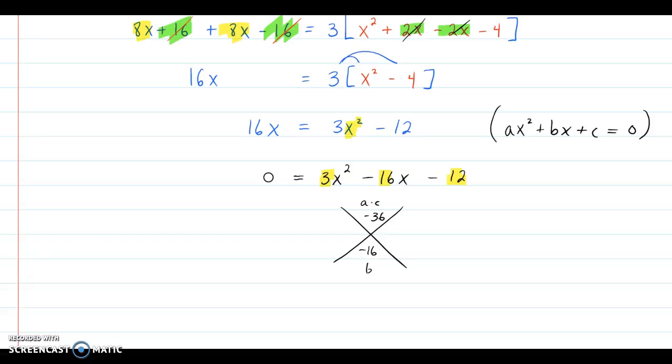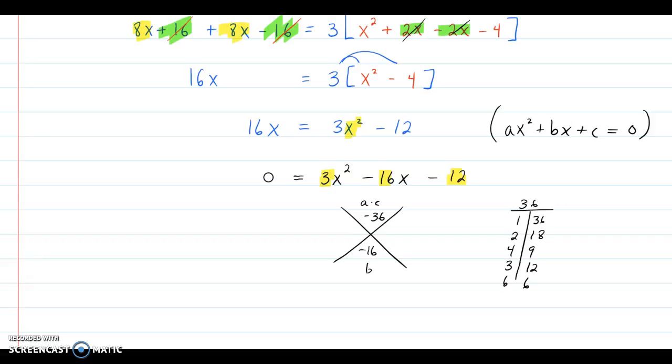We're going to look for two numbers that multiply to 36 but can give us a 16. If you think of the factors of 36, so 1 times 36, 2 times 18, 4 times 9, I think I skipped 3, so 3 times 12, 5 doesn't work, 6 times 6, and I think those are all the factors of 36.